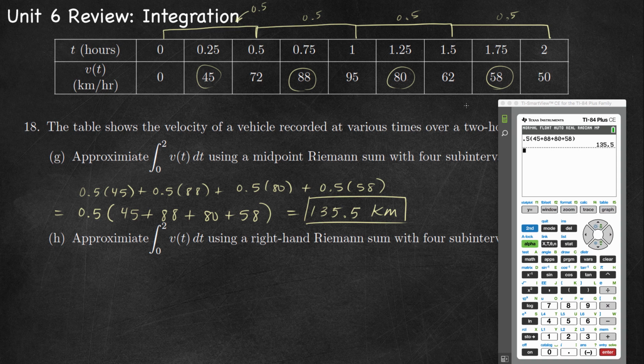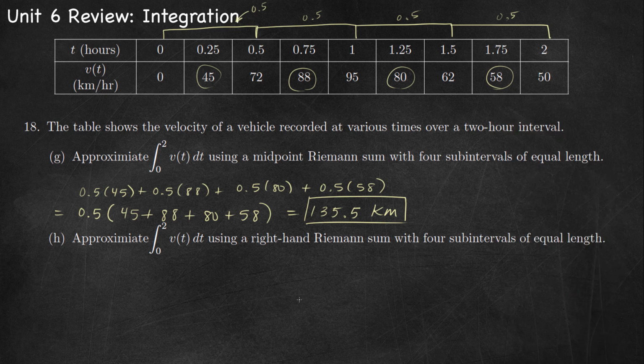And then part H. Now we want to approximate that same integral using a right-hand Riemann sum with 4 subintervals of equal length. So 4 subintervals again, I don't have to redo that, but let me erase my midpoints. This time we're doing a left Riemann sum. Nope, we are not. We are doing a right Riemann sum. So my heights are going to be 72, 95, 62, and 50.